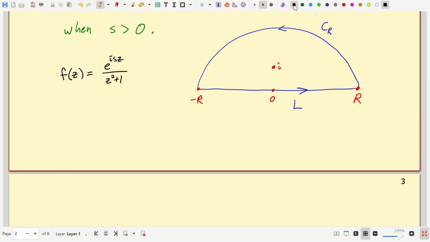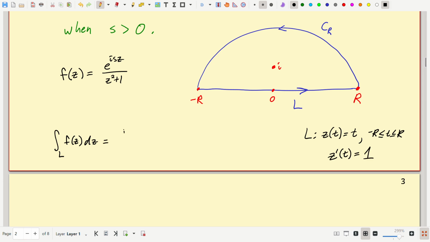Okay, the line part: the integral along L of f of z dz. I parameterize L by z of t equals t, as t goes from minus r to plus r. Then z prime of t is just 1.